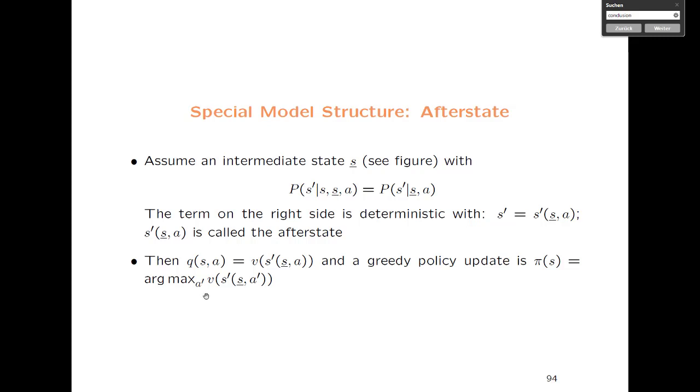So in that case, and this was for example used in backgammon, in TD-Gammon, you don't need to do Q-learning. Value function learning is sufficient.